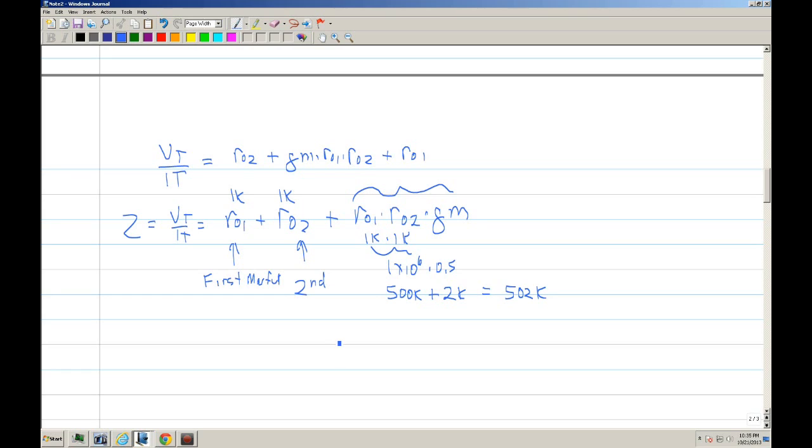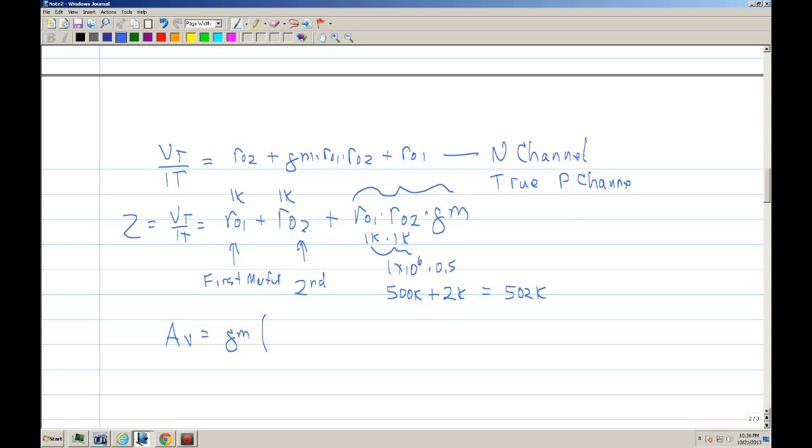Okay, so now we can say that the output gain is GM. Oh, and this is for the N channel. Okay, so this is also true for the P channel.